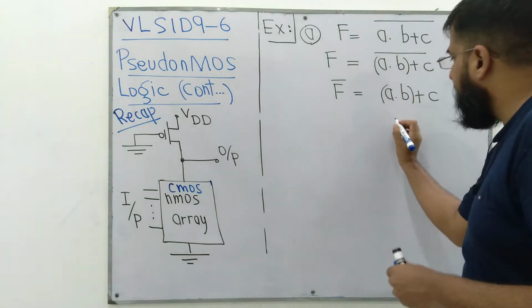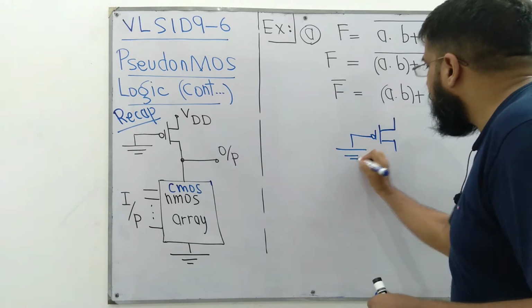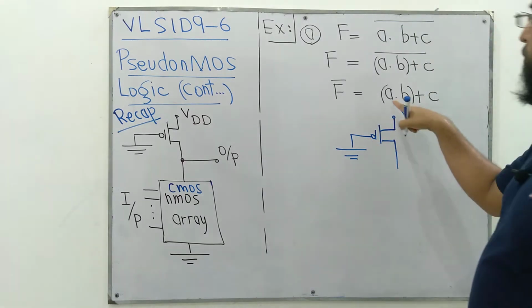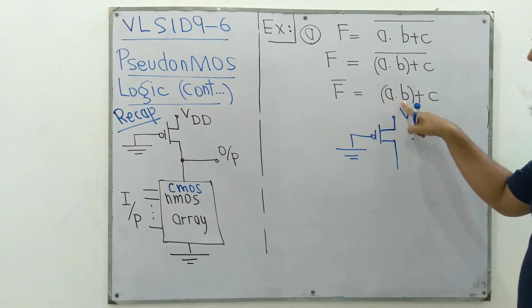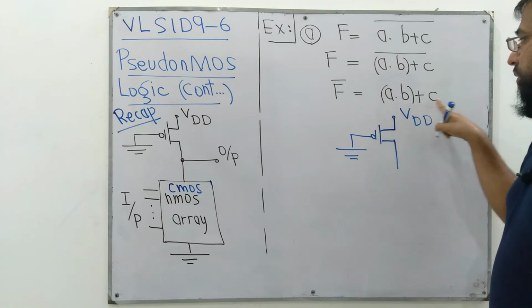So we will implement it in such a way that the PMOS array is always on, and the nMOS array implements A and B or C. So this precedence is more compared to this.